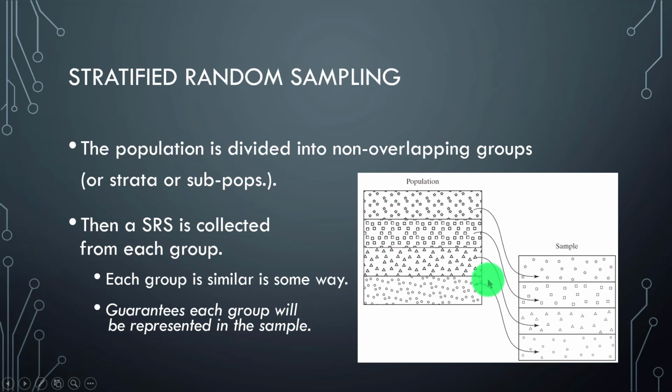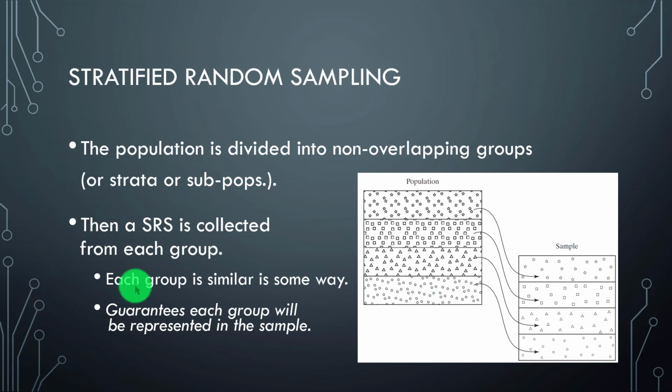You can imagine if you really wanted each major to be represented in your sample, then this is a good approach to take, because you can imagine maybe you just did a simple random sample of students at HSU. It is possible you can select students randomly, but maybe a major was not included just by happenstance, not because of any nefarious or malicious intent. It could just be that no music majors were chosen.